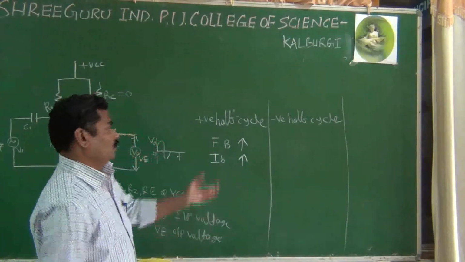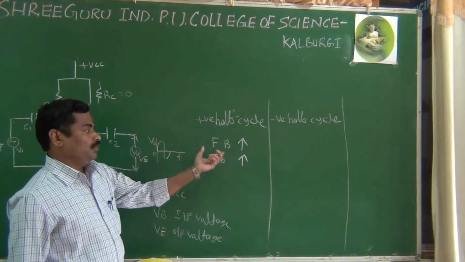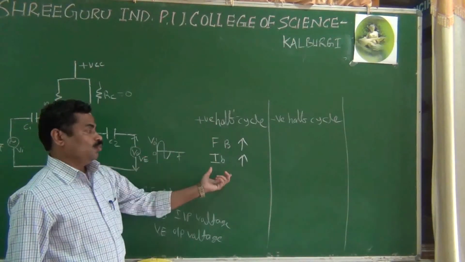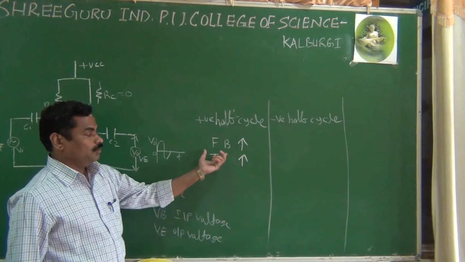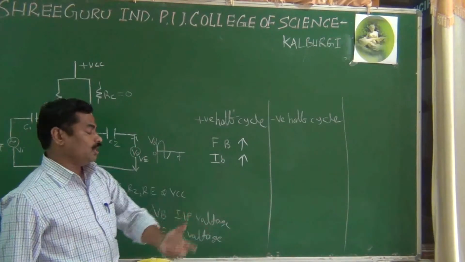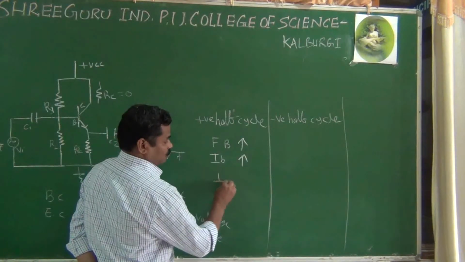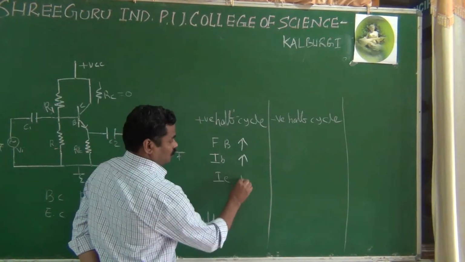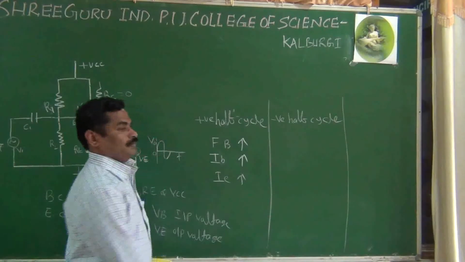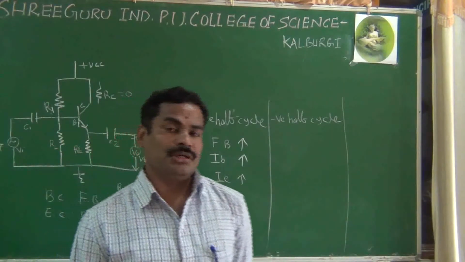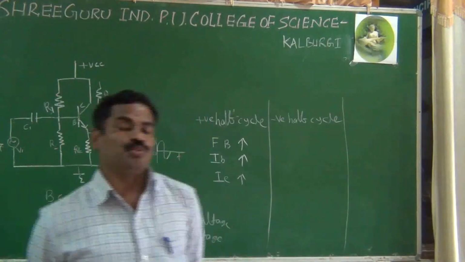It means for your positive half cycle, the forward bias increases. Once the forward bias increases, the input current IB increases, and if IB increases, the output current IE also increases, because whenever the input increases, at the same time the output also increases.